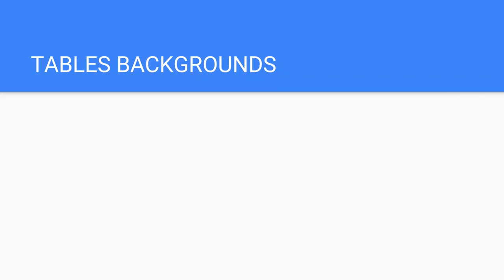So next we'll move on to table backgrounds. In table backgrounds, we can set the table background using one of the following 2 ways. The first one is the BGCOLOR attribute, and the second one is the BACKGROUND attribute.